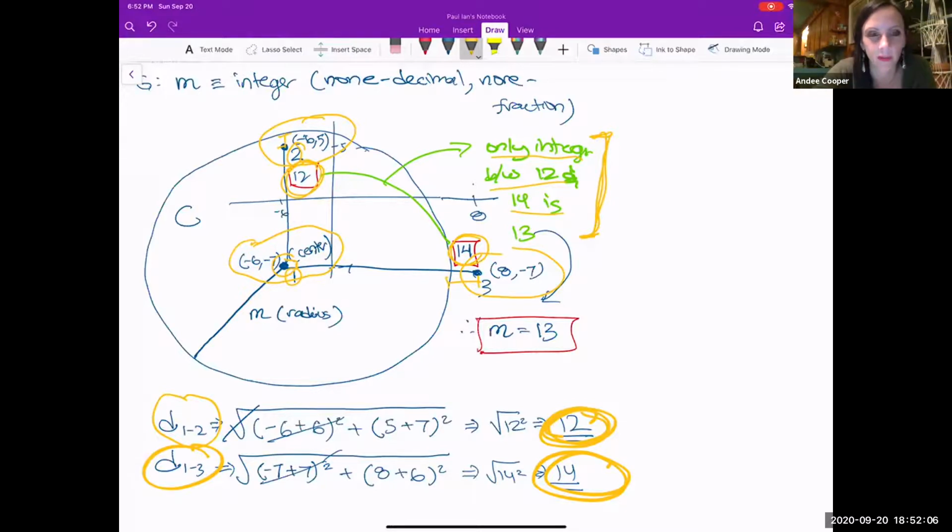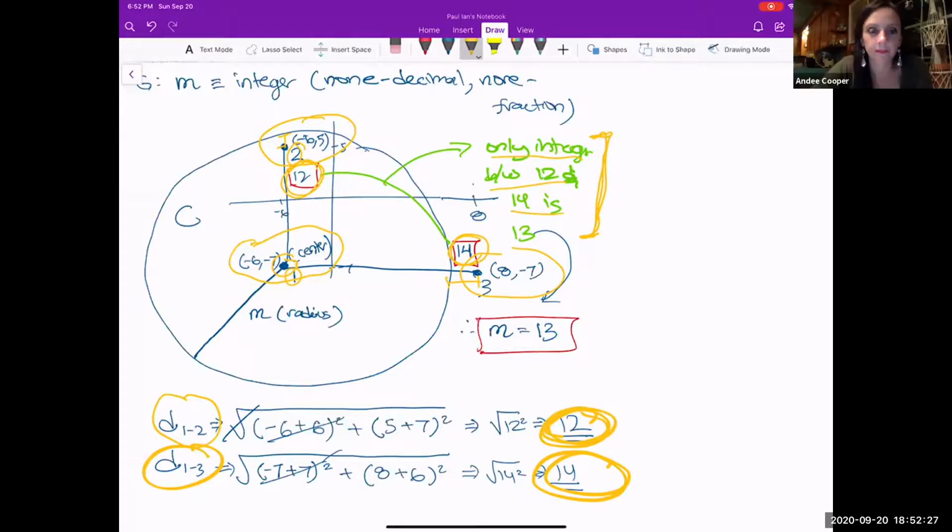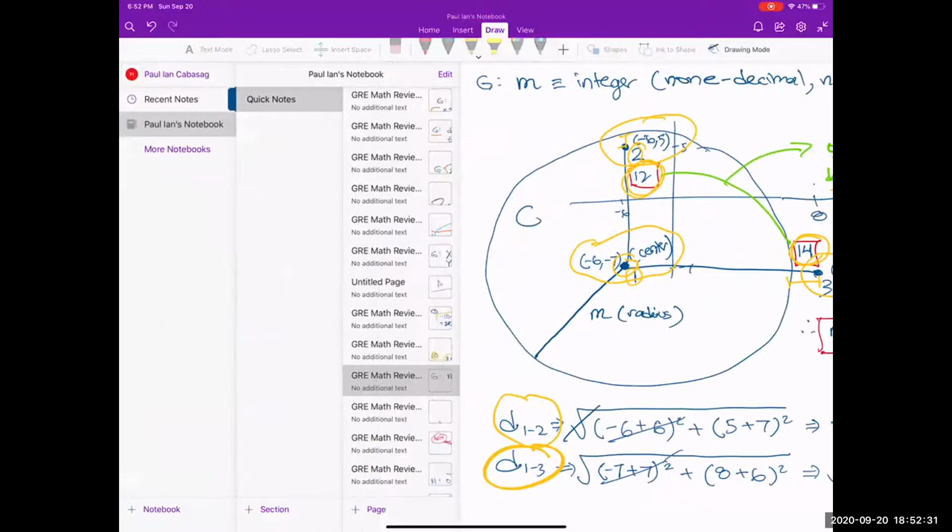One's 12, one's 14. It has to be in between. Exactly. That's why the picture doesn't really matter. If you know the distances, 12 inside and 14 outside, the in between would be on the circle. Right. Okay. That makes sense.